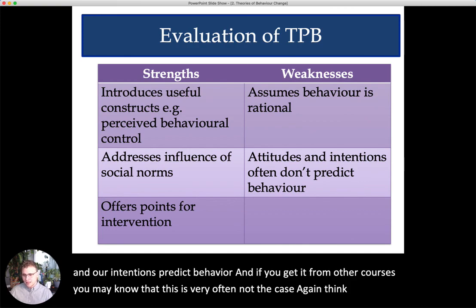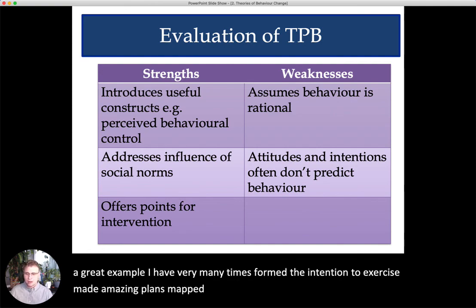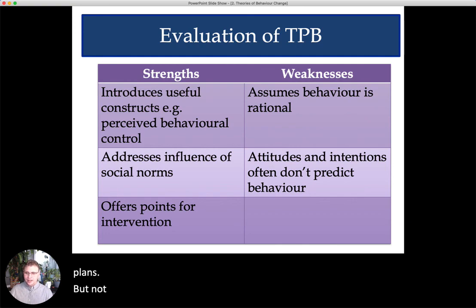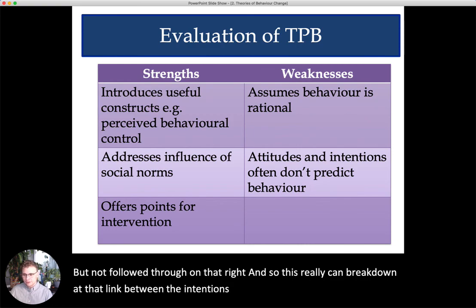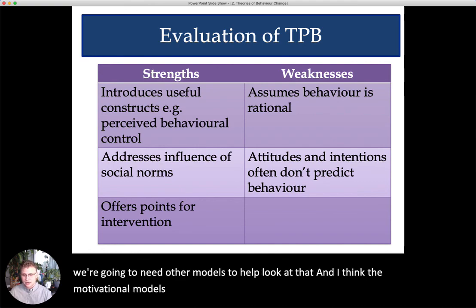I have very many times formed the intention to exercise, made amazing plans, mapped out runs, come up with lifting plans, but not followed through on that, right? And so this really can break down at that link between the intentions and performing the behavior. And so we're going to need other models to help look at that. And I think the motivational models in particular that we'll talk about next week can give us some good insight there.